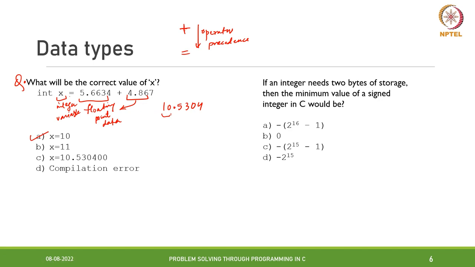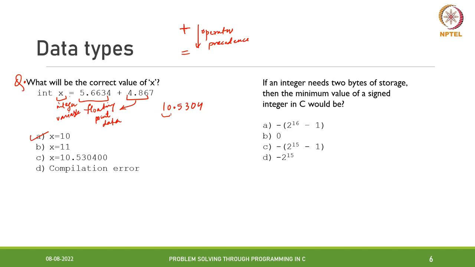Even though you have done an addition of floating point data and you're trying to store it in an integer variable, it will do the addition first, because the addition operator has more precedence. Once the addition is done, you have some value. Now you're trying to assign this floating point value to an integer variable.